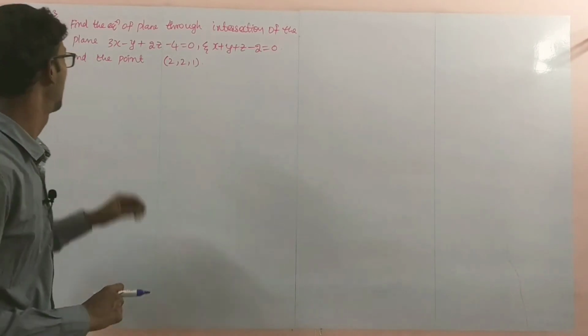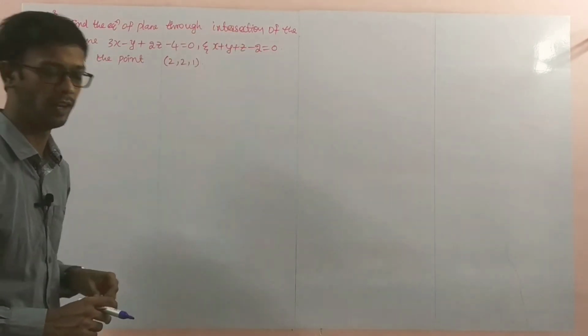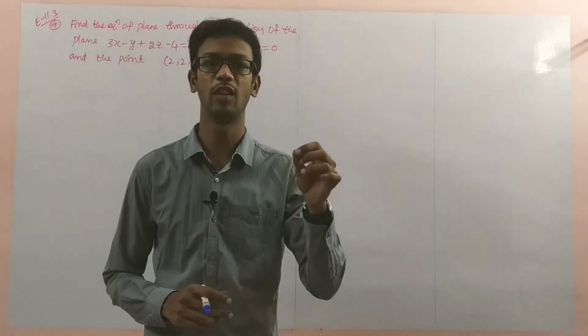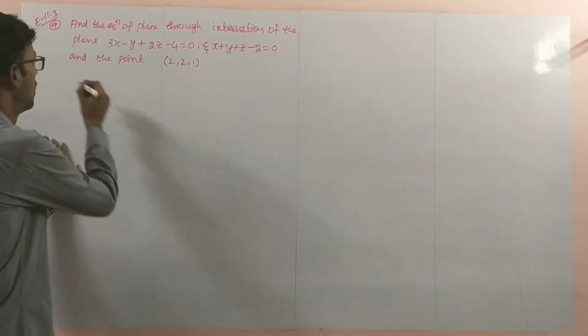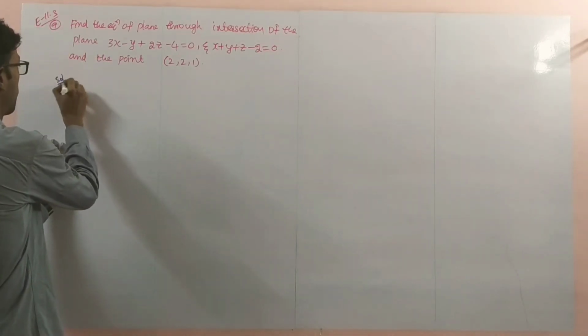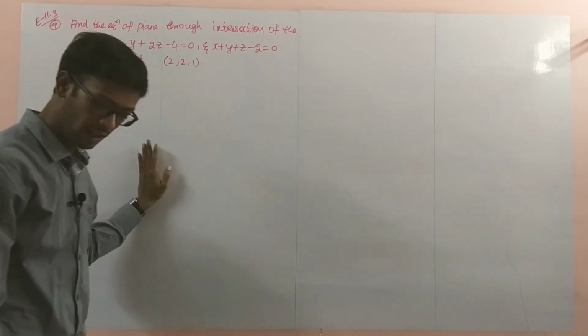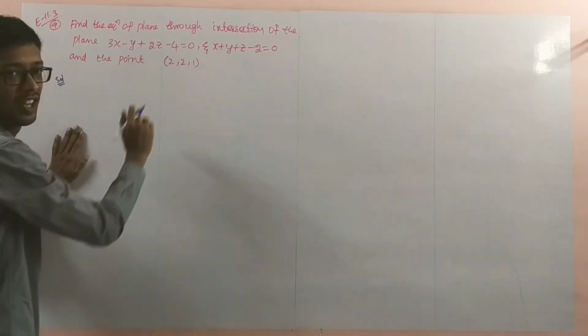Exercise problem number 9. Find the equation of the plane through the intersection of two planes. In the previous problem we discussed the plane equations in vector form. Now the plane equations are in Cartesian form. So directly here, you have to find the Cartesian equation.